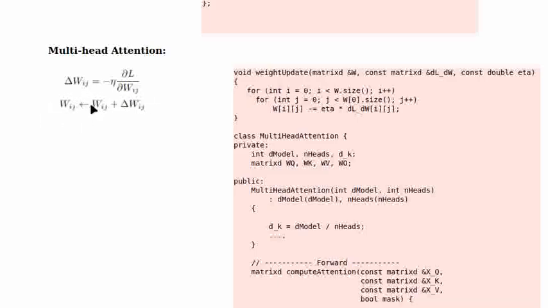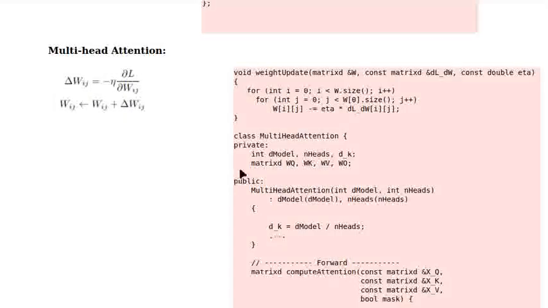So delta w_ij is minus eta dL/dw_ij, and then we add delta w_ij to the original w_ij to get the new weight. Okay. And so this w is this w, dL/dw is this dL/dw, eta is this eta, and so w_ij is decremented by eta times dL/dw_ij, basically this formula.